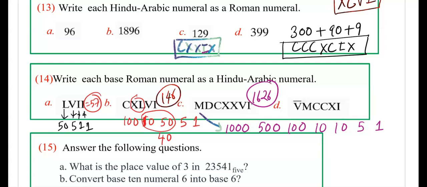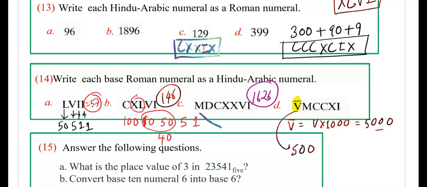Okay, finally, let's do part D. I'm going to erase this. Part D. Okay, V bar here. Notice that V bar is V multiplied by 1000. Therefore, V bar is going to be 5000. Therefore, this value is 5000, and M is going to be 1000.